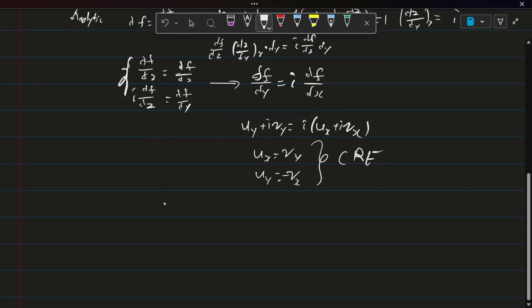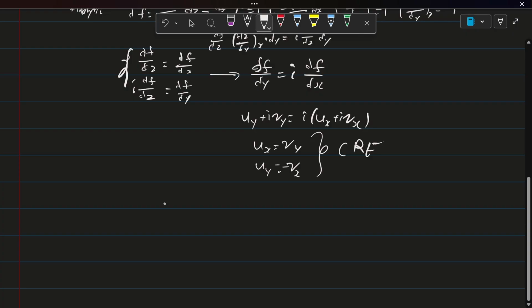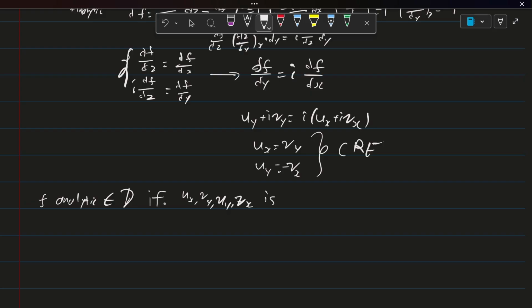So now from the CRE, let's try to define what it means for a function to be analytic within a domain. The simple way is to describe it like this. A function is analytic in the domain D if, first, from here, we see that the partial derivatives must exist: u_x, v_y, u_y, v_x exist.